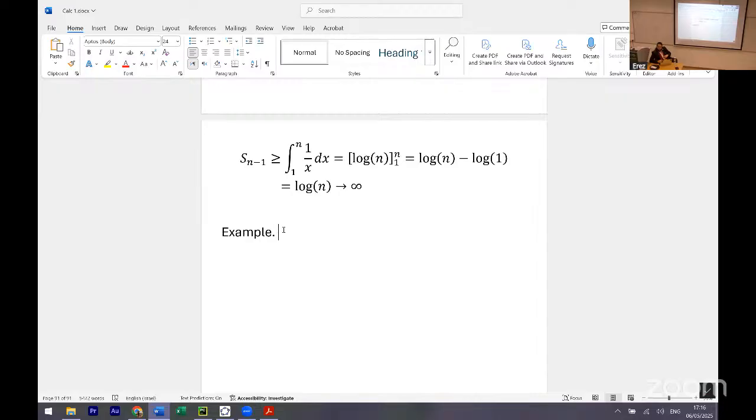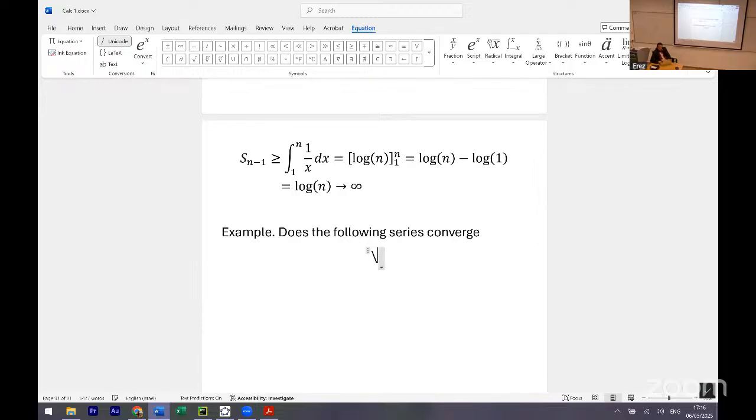Okay. So, example: does the following series converge? The series is the sum from n equals 1 to infinity of 1 over n squared.